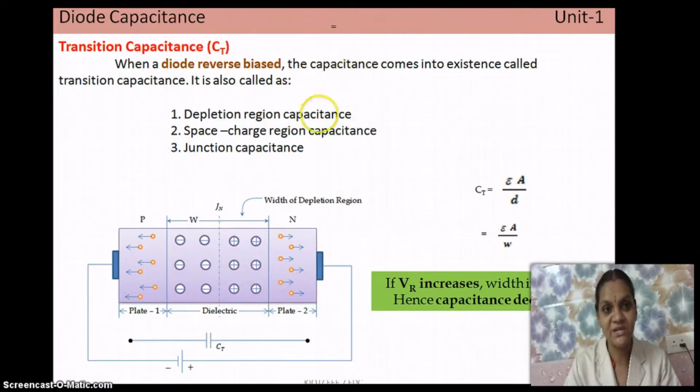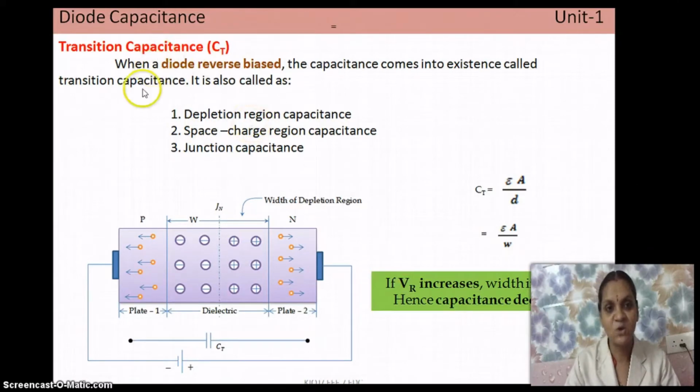It is represented by C suffix T, C for capacitance and T for transition. This capacitance can also be called depletion region capacitance, space charge region capacitance, or otherwise junction capacitance.